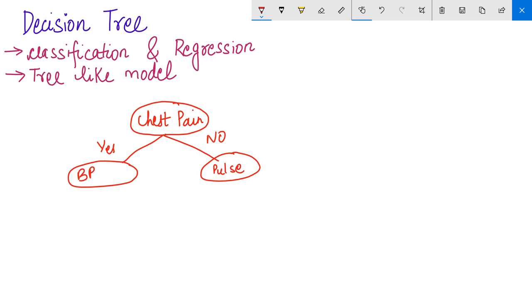So if you go to a doctor and say, doctor, I have a chest pain, he will say, okay, let me check your BP. If there is a BP issue, then again there will be two branches. BP can be low, BP can be high.